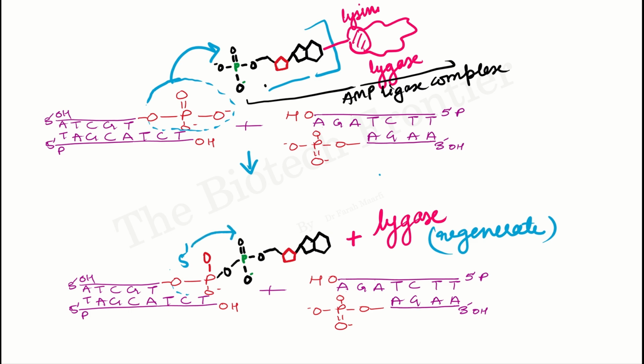So here would be the formation of the phosphodiester bond, between the 5' phosphate of the DNA strand and the phosphate group of the AMP molecule in the AMP ligase complex.